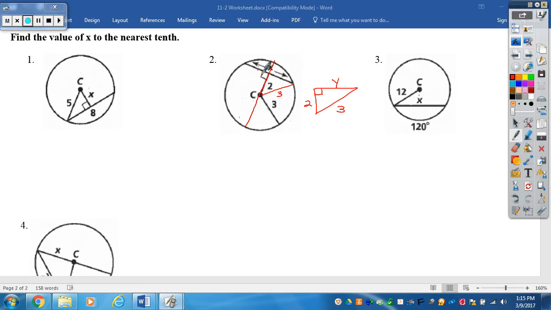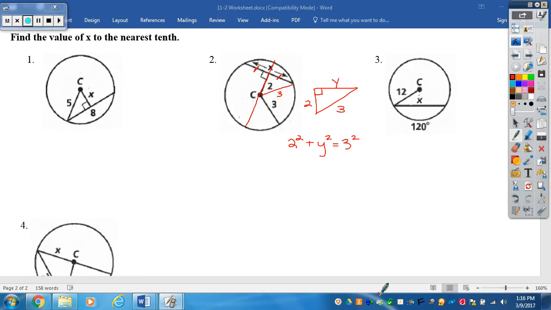Okay? And if we can solve for y, we've got a diameter that is perpendicular to the chord. So again, remember, it bisects this chord. It cuts that chord in half. And so as a result, if I can find y, which again is this portion of the chord, then I can double it to get the entire length of x. Okay? So if we work this out, 2 squared plus y squared is equal to 3 squared.